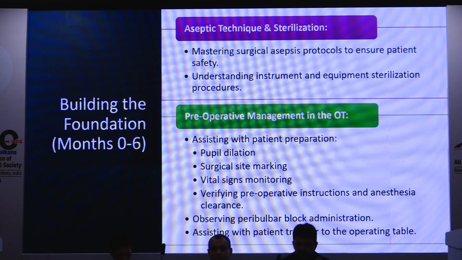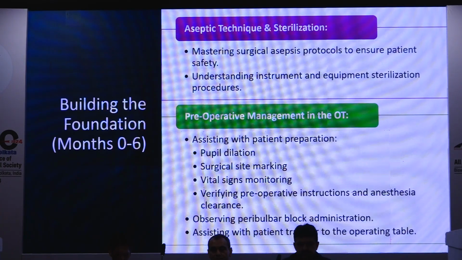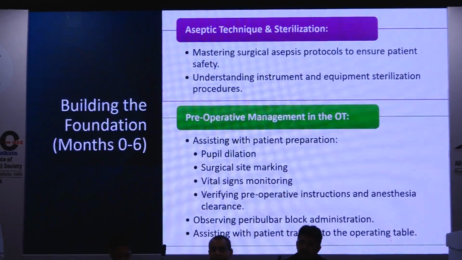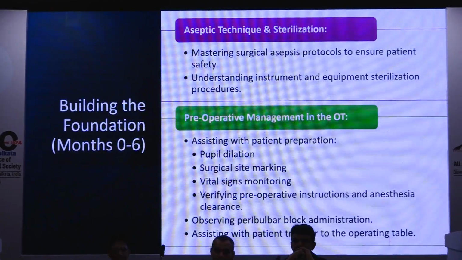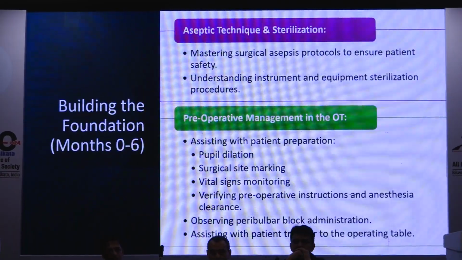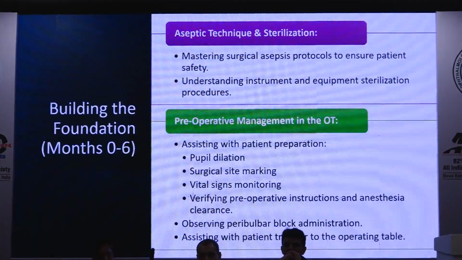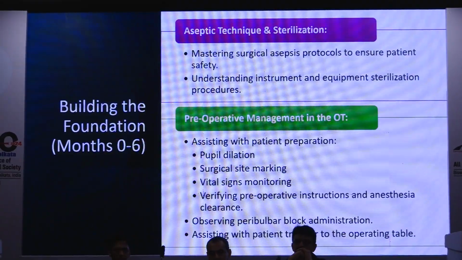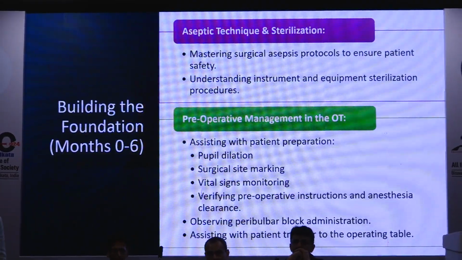Coming to the foundations, I've divided them year-wise. In the first 6 months, the basic thing is to learn what the diagnoses are, what surgeries are offered for those diagnoses, and what the indications are. Also, the basic procedures in OT, like maintenance of sterility, and how the equipment is handled and cleaned. Then patient preparation. In the first 6 months, it is very important for the resident to understand that.